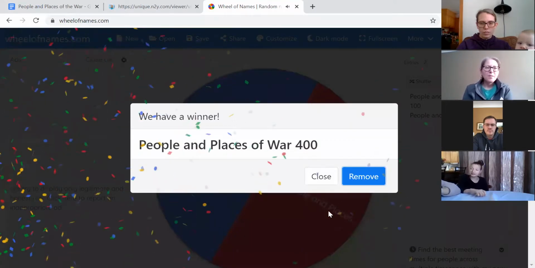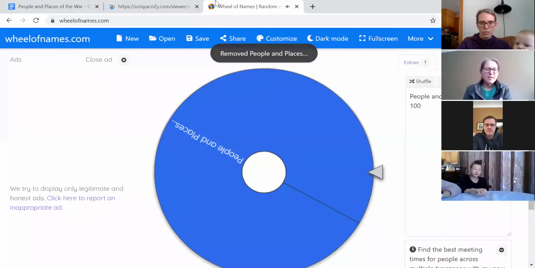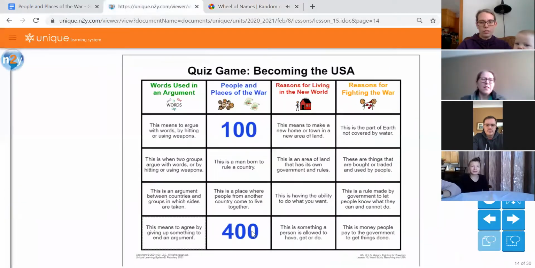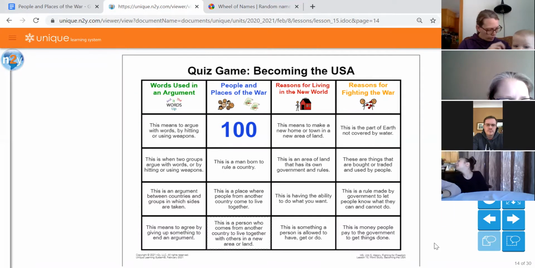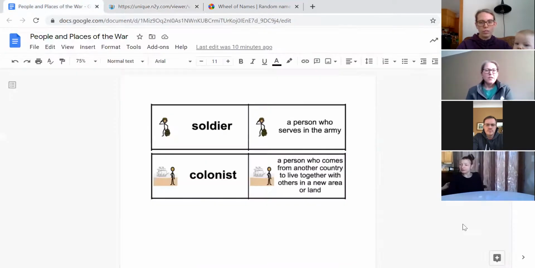All right, people and places of the war, 400. This is a person who comes from another country to live together with others in a new area or land. So we have two choices left here, soldier or colonist.